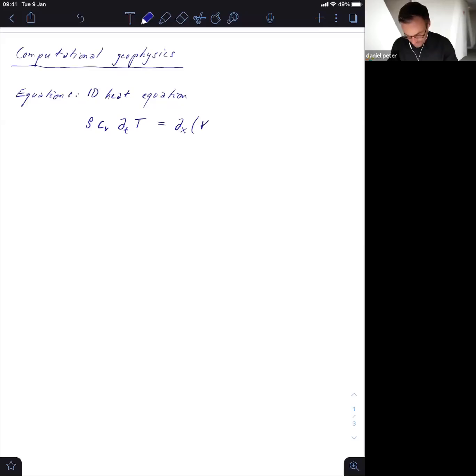Conductivity, exactly. And then comes again this derivative with the temperature field, right? And if we want to include a source, we just add a source term. So a heat sink or a heat source, whatsoever. Good.